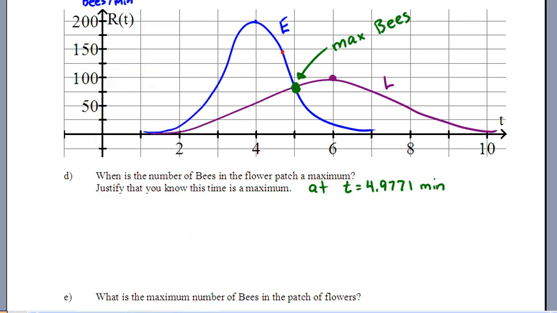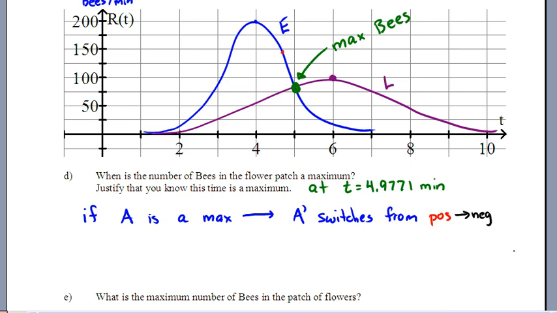Okay, so I found the time, and they're like, well, can you justify it, that that's actually the maximum? I would say things like this. If the amount is a maximum, right, if A is a max, then I know that A prime switches from positive to negative at that time.